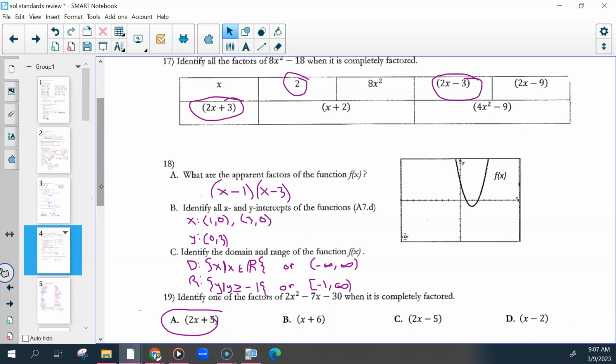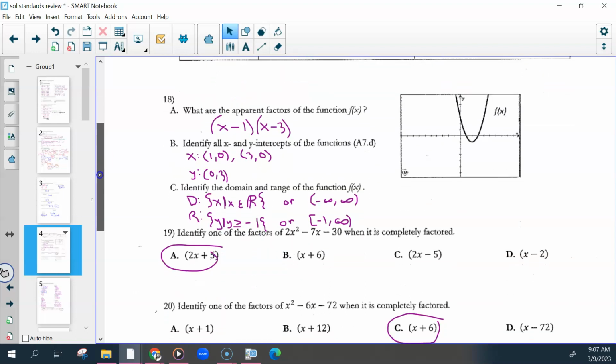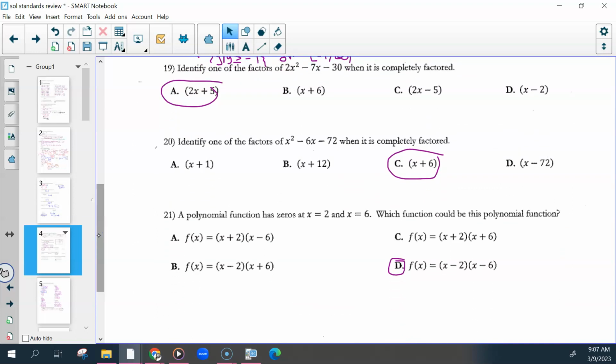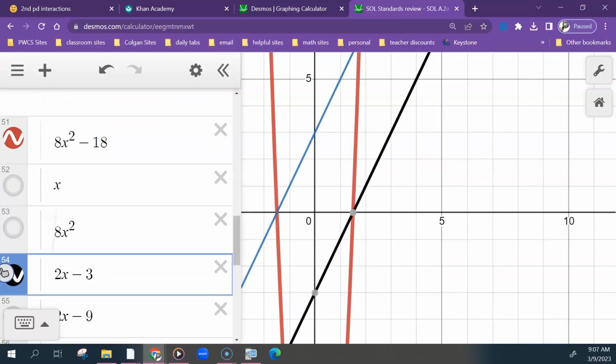Questions on 17 or 18? Let me show you the answers for 19, 20, and 21, and then I'll go back and show you how to find them. So A, C, D. Same as the first one, if you put in the original and put in these answer choices, it will help you find your answer.